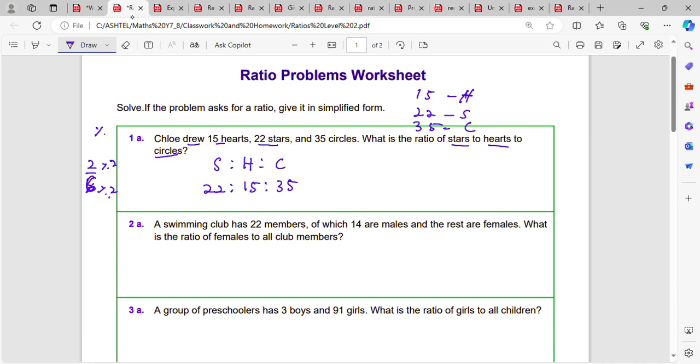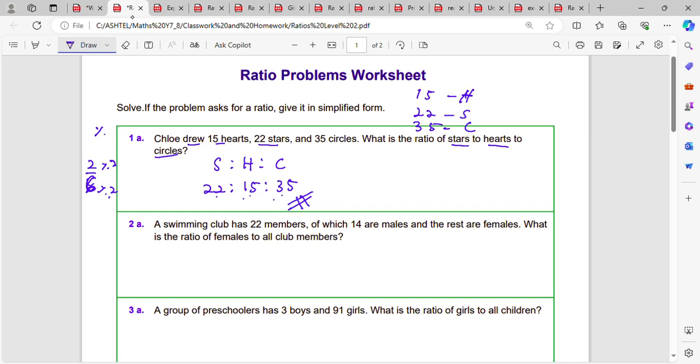But now you have 3 numbers, same thing. If you divide 22 by 2, 15 also needs to be divided by 2, 35 also needs to be divided by 2. If one of them cannot be divided, that means you cannot divide by that number. Then you try another number. Try dividing by 3, try 4, try 5. If none of them can be divided, that means that is your final answer already. So that means it cannot be simplified at all. That is the simplest ratio already.